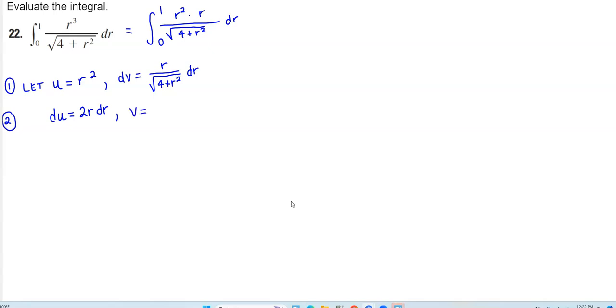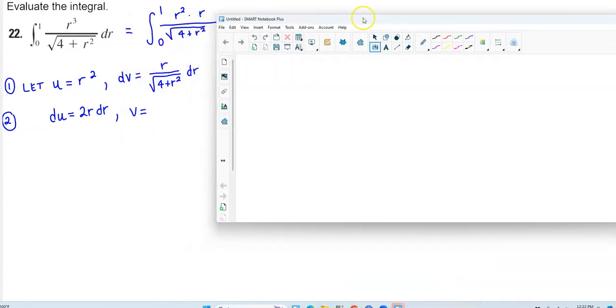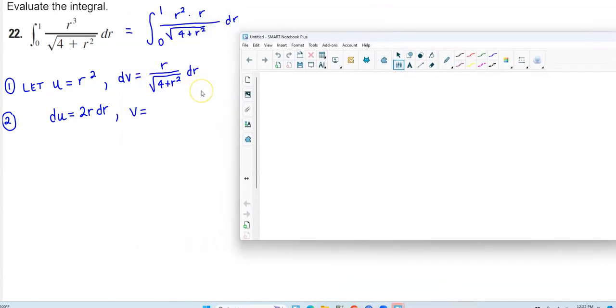And then we're going to take the antiderivative of r over the square root of 4 plus r squared. Now, when we take the antiderivative of that, it's going to be a lot easier, and that's the reason why we split that up. So if we want to take the antiderivative of r over the square root of 4 plus r squared dr, we're going to let u equal 4 plus r squared.